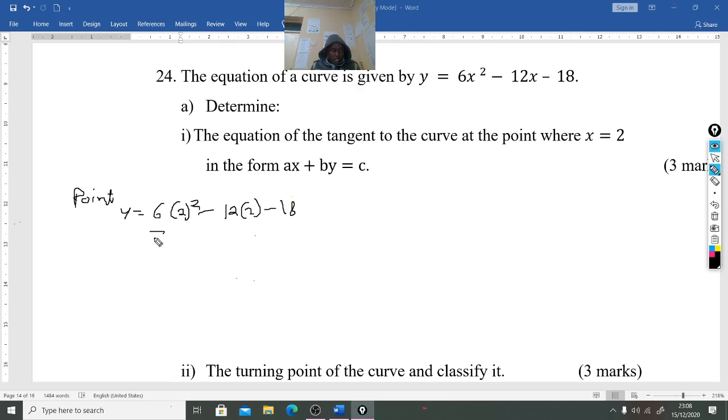If you use your calculator properly, you will find that y is negative 18, and therefore the point is (2, -18).